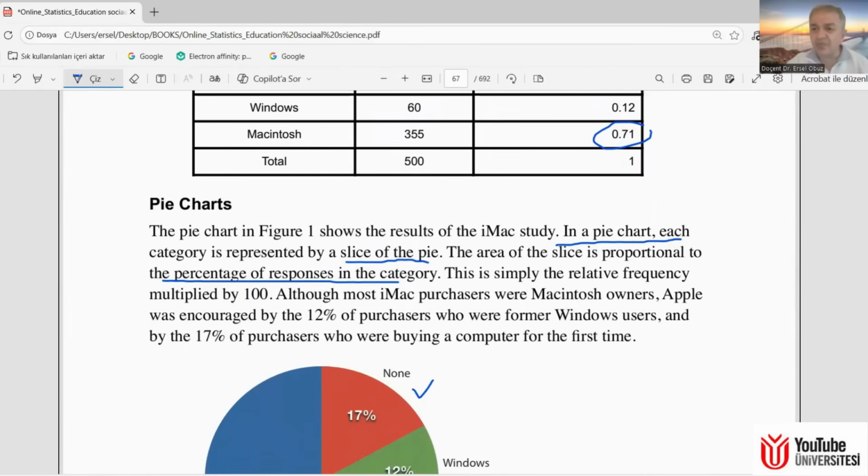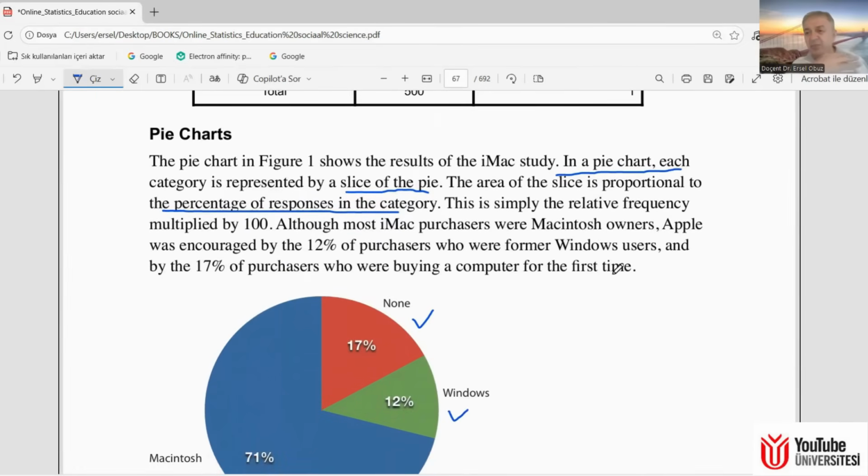Instead of a frequency table, we can put this data in pie charts. In a pie chart, each category is represented by a slice of a pie, which is proportional to the percentage of responses. So who will have the biggest share?